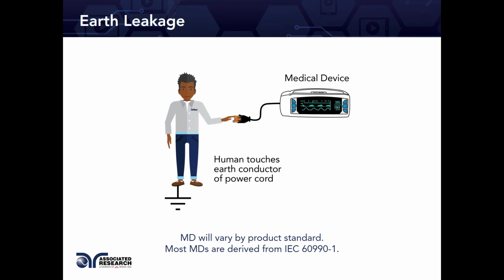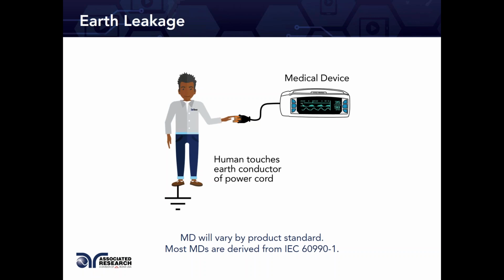And the human in this image is basically representing the MD, which is the measuring device circuit, which varies by standard. So any standard that calls out a leakage current test requirement must also specify or point to a certain measuring device circuit that needs to be used to make those leakage current measurements.